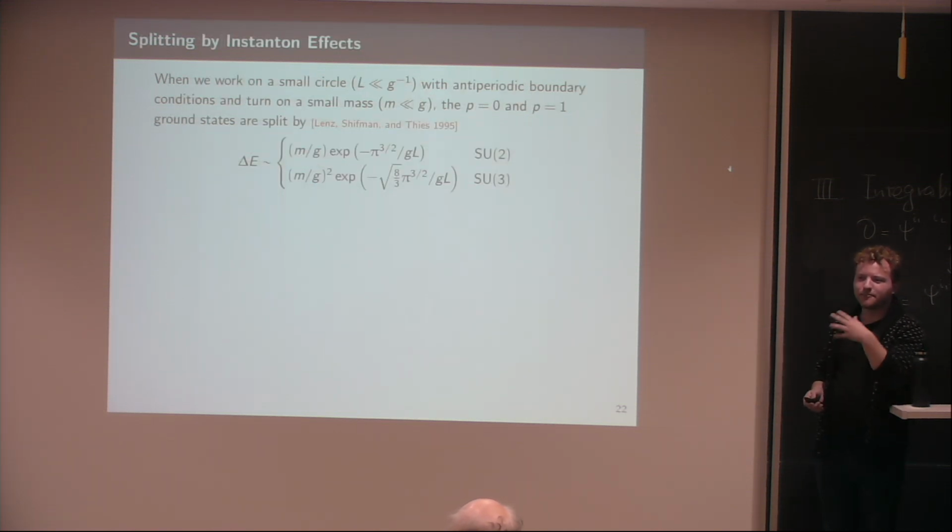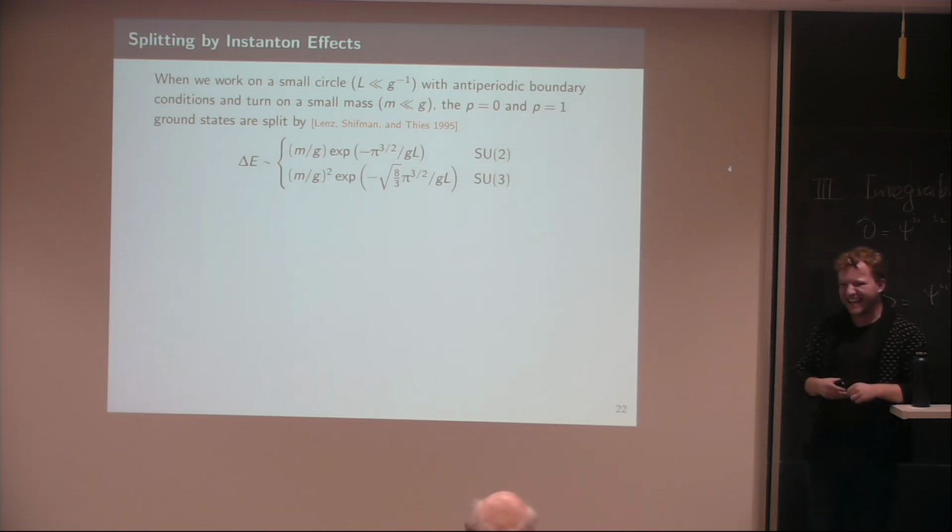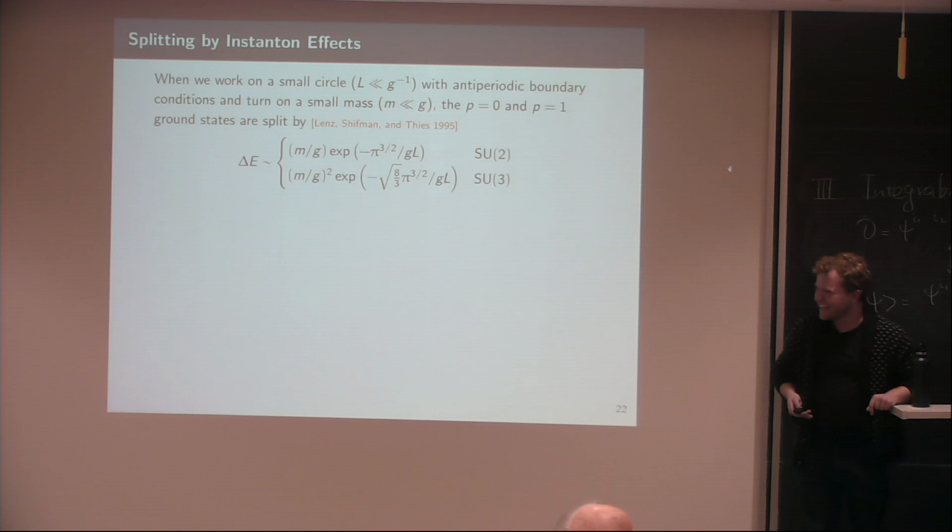If we take the fermions with antiperiodic boundary conditions and we give a small mass to them, so we're moving away from that point where the string tension or the universes should be exactly degenerate. Yes, indeed.